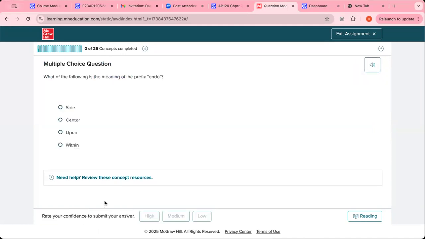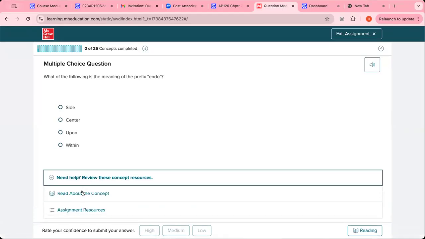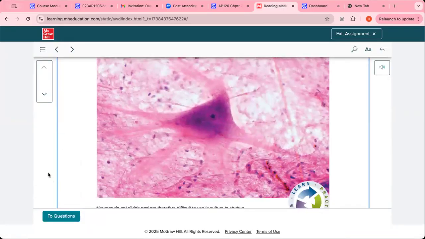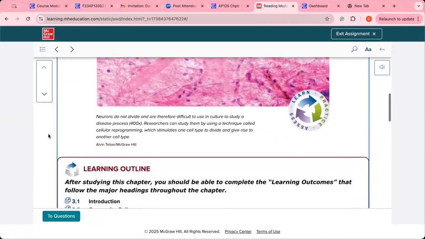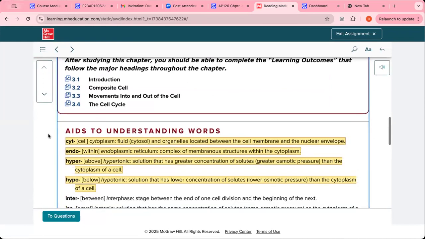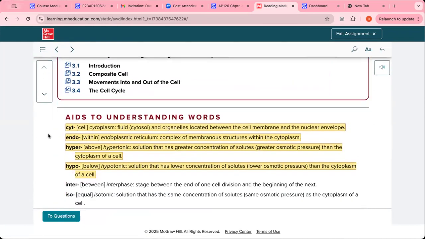Which of the following is the prefix endo? Endo means, like, the endoplasmic reticulum, right? You can review it if you want to review it. Okay, here are some of the prefixes they're asking us.